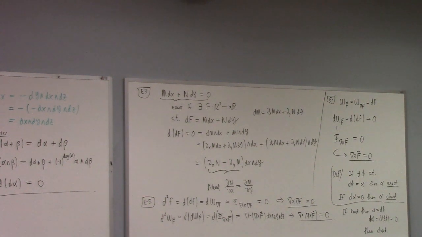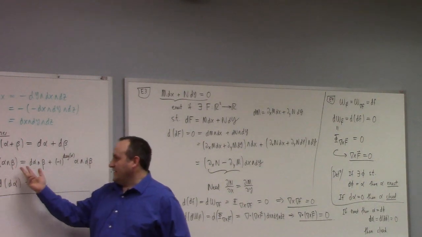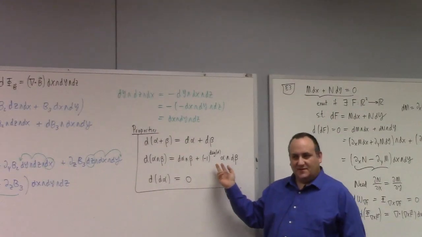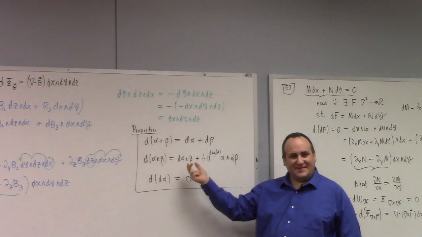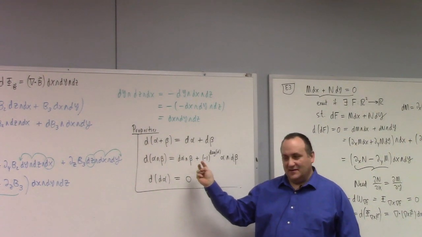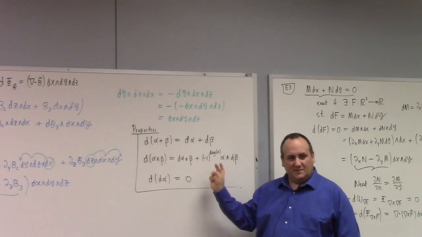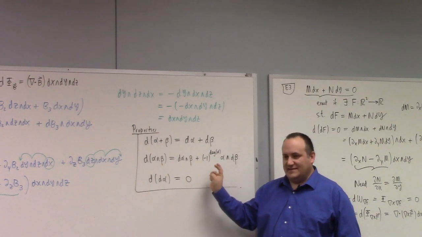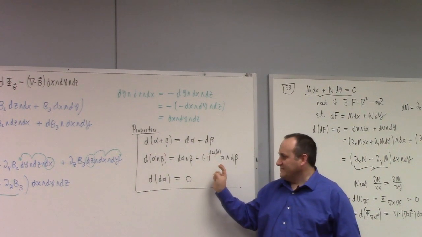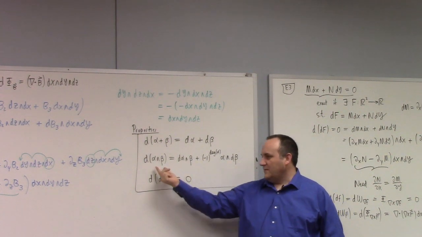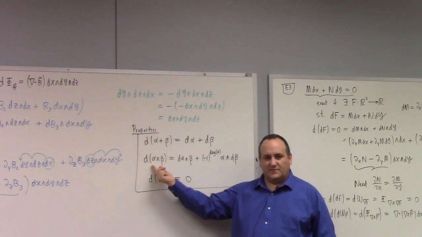It is fun to look at what this product identity means when you sort through it for the wedge product of two vector fields. If we took the wedge product of two work forms, it's the flux form of the curl.